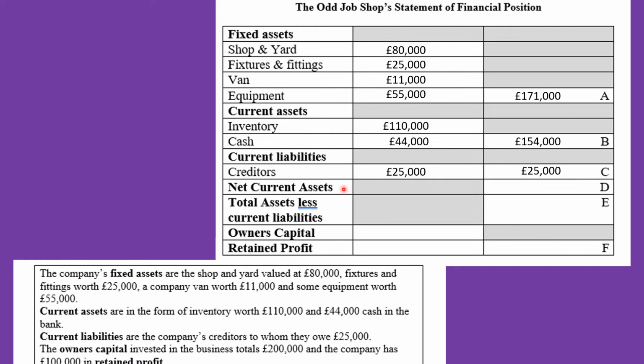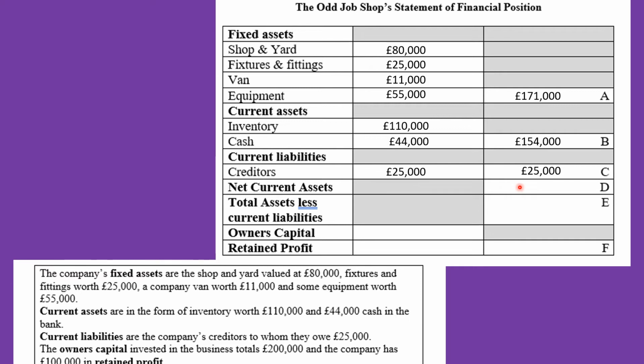Now we're going to work out our net current assets. Now what this means is how much money do they have available? So their current assets are the things that they can turn into cash, liquid assets quite quickly. And these are the bills they're going to pay.